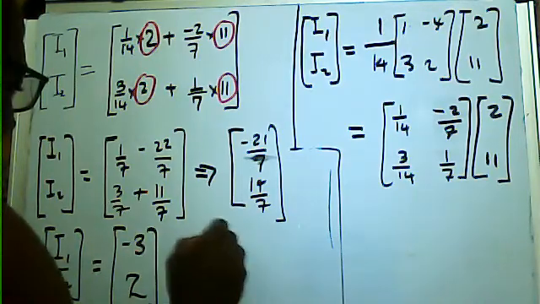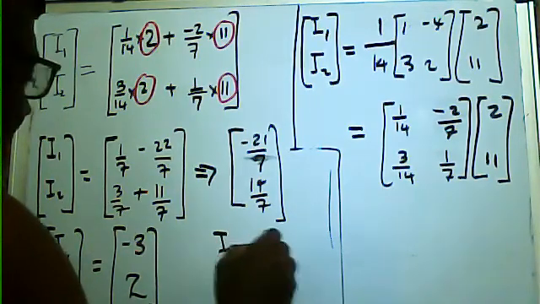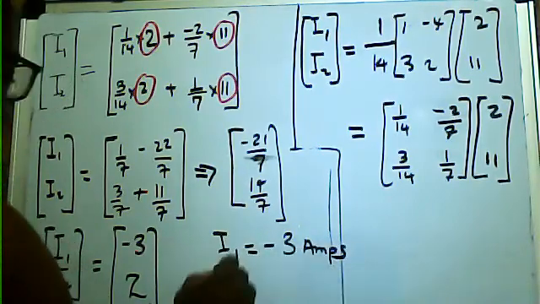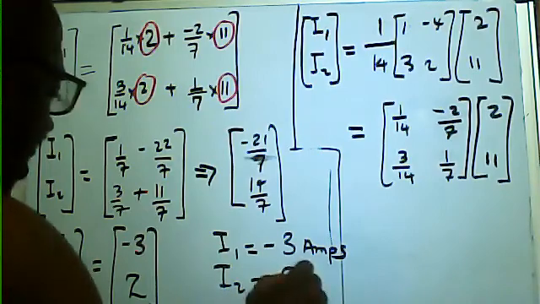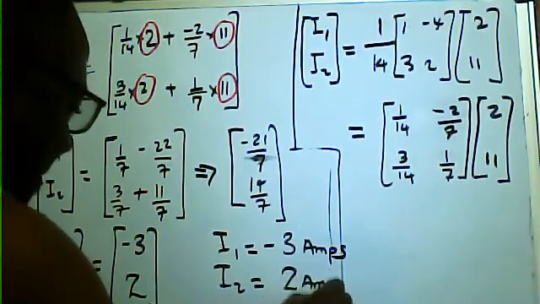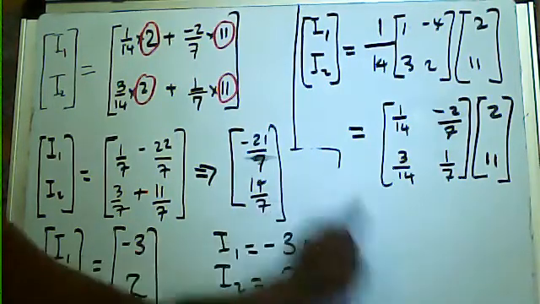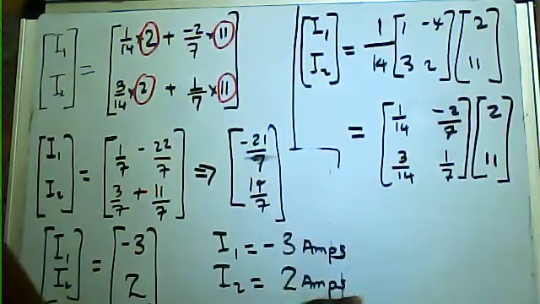Which means that our I1 is -3 amps. Our I2 is 2 amps. Those are our answers in that particular circuit.